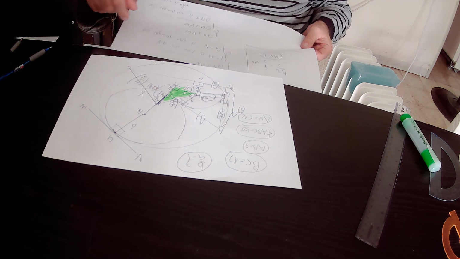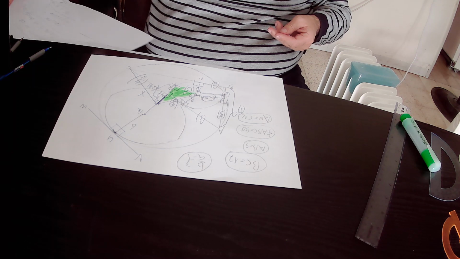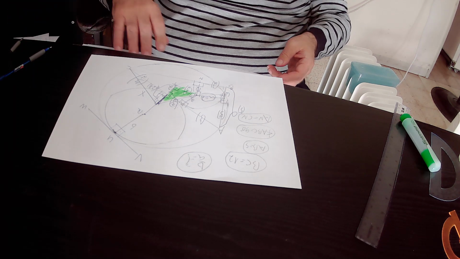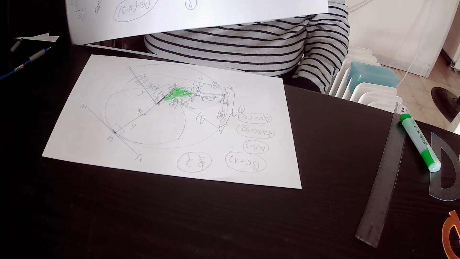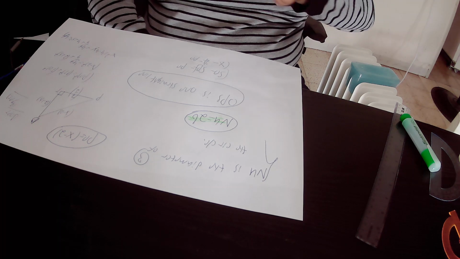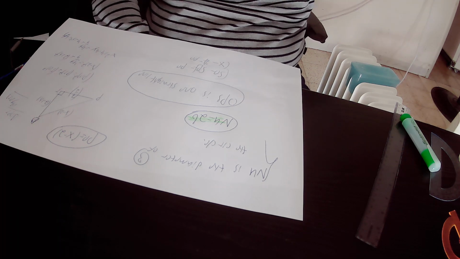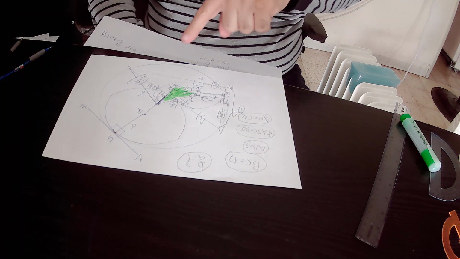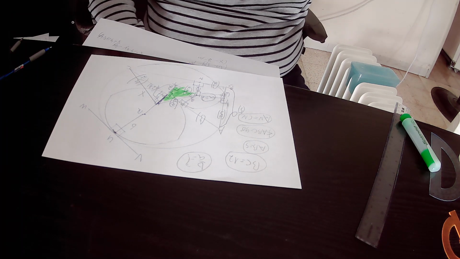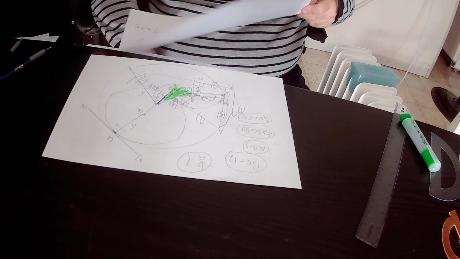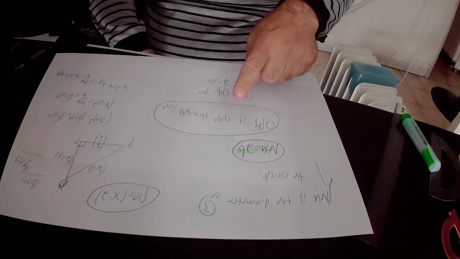So I know that NU is the diameter of the circle. But we also know that the diameter of any circle is twice as long as the radius. And the radius of this circle is b, so NU, that is the diameter of this circle, must be equal to 2b. NU equals 2b.